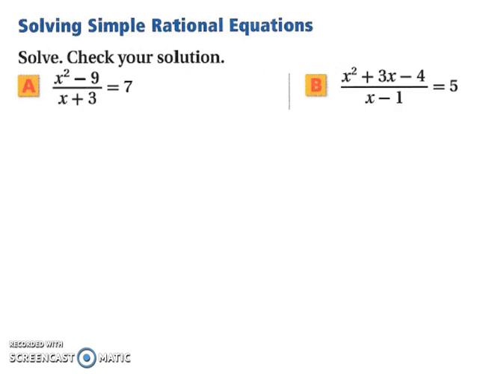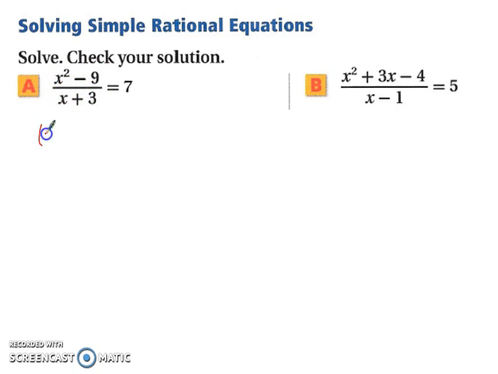Now let's try solving simple rational equations. Solving simple rational equations. Say that 10 times fast. Alright, so we want to solve. Check your solution. Just like we've done in the past, we want to start by factoring, and you want to factor completely.